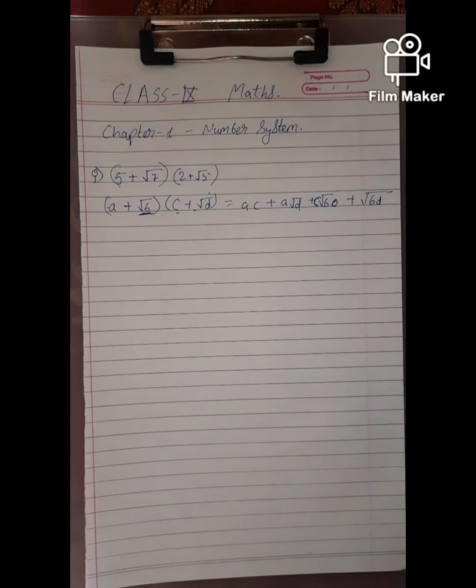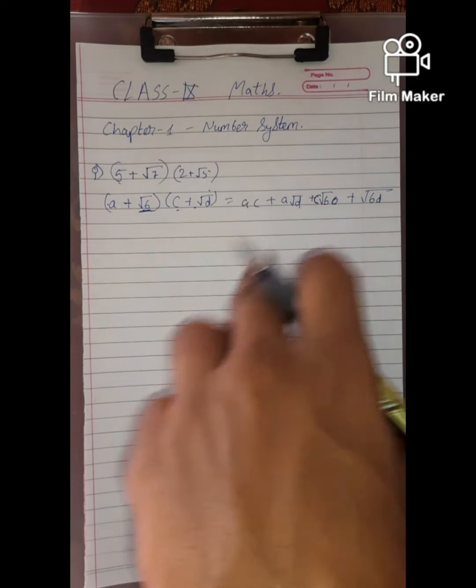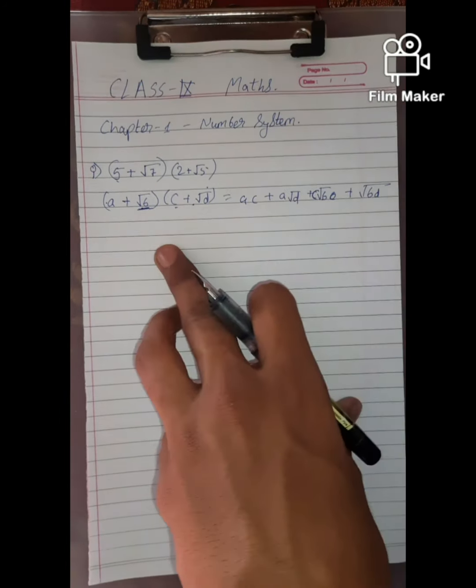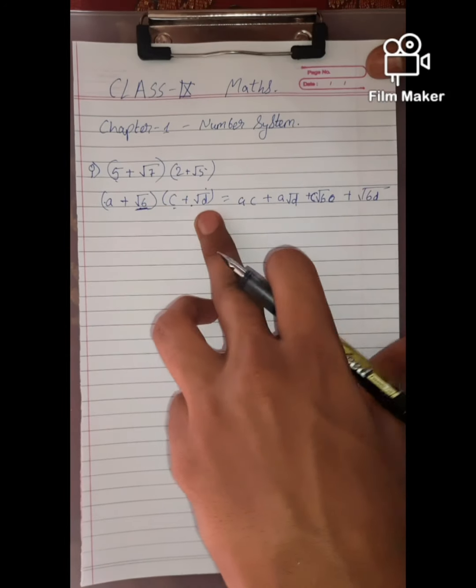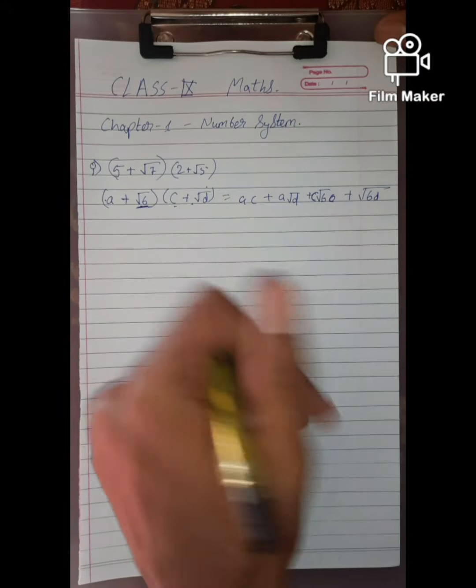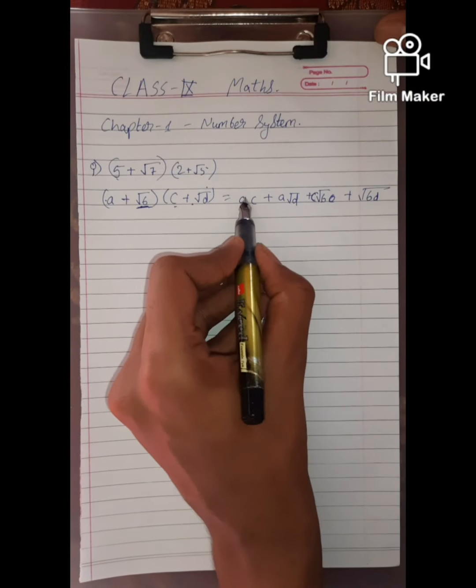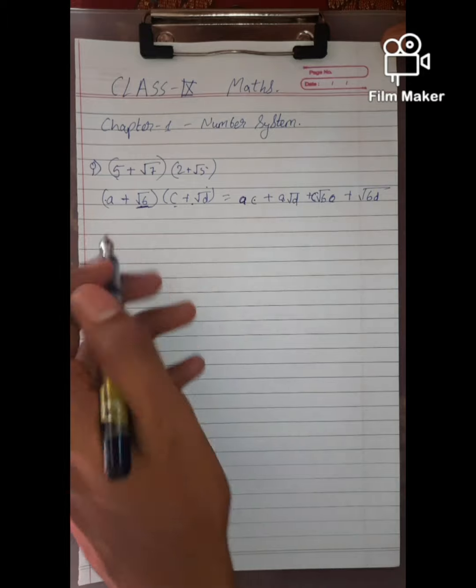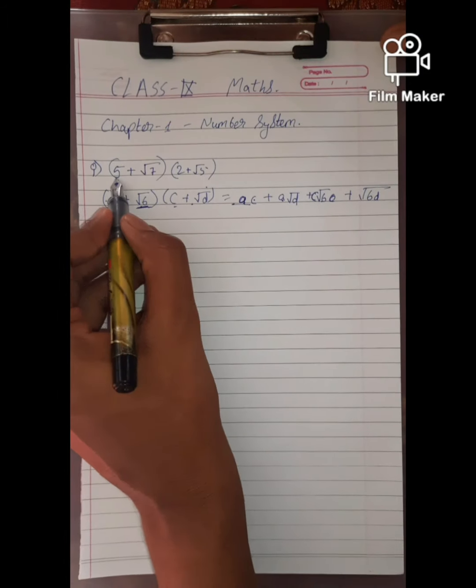In the previous video I proved all these equations, so just refer to that video. If you don't get how I multiplied this with this, just watch the previous video, then you will understand. So let's put the values of a, b, c and d.